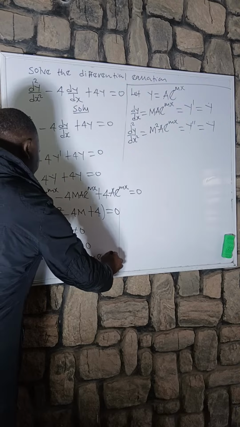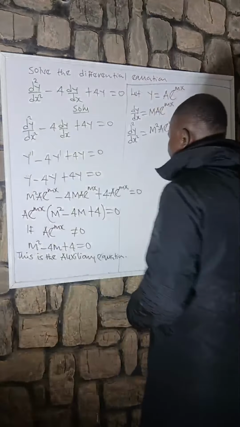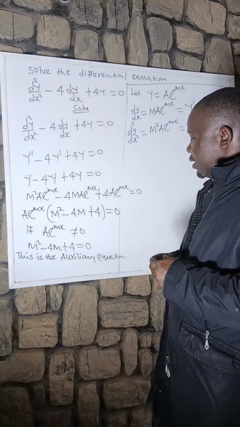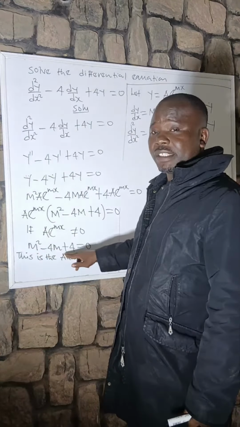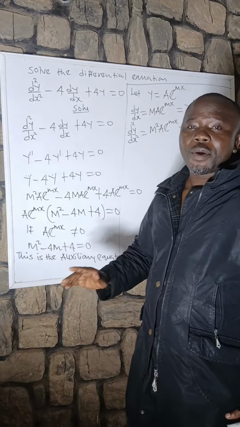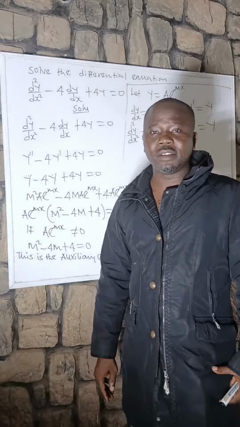Are you seeing now? Can you see what I was telling you in the beginning? You can now see that it is in the form of a quadratic equation, but it is no more quadratic. We are advanced. Are you following?